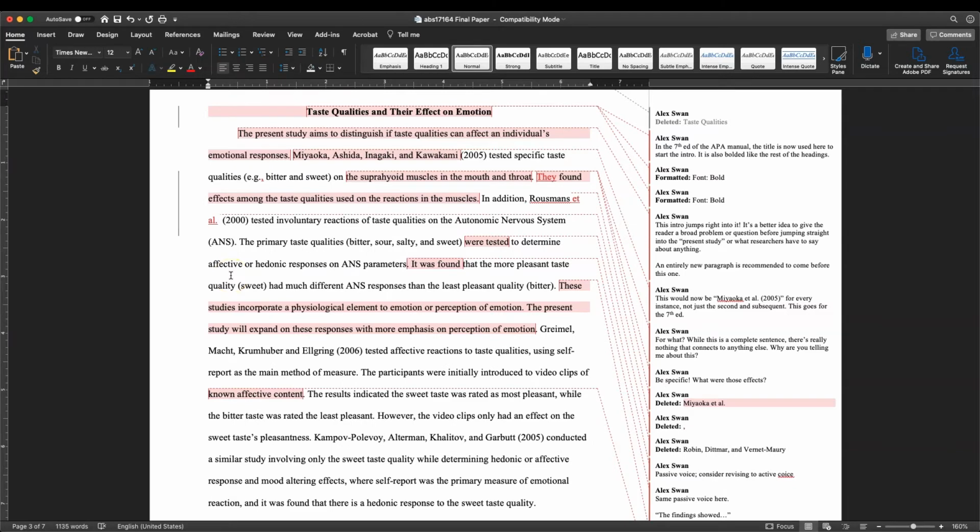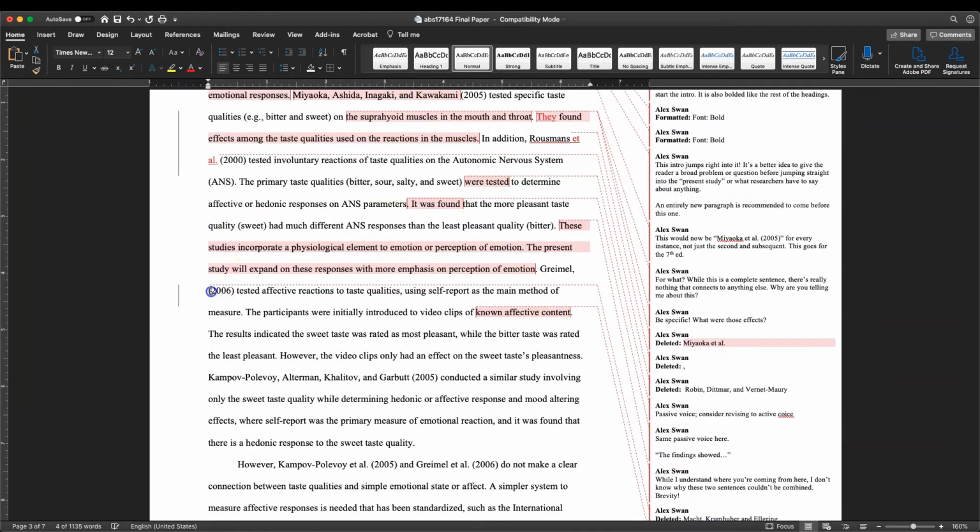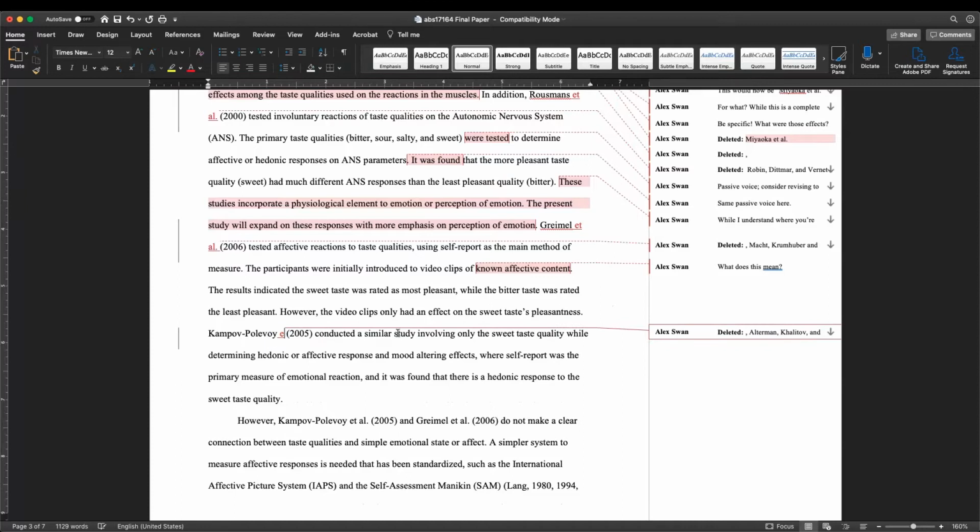And you can see here I'm going back to change all of the multiple author papers to the first author's last name, and then et al., period, date. Okay.